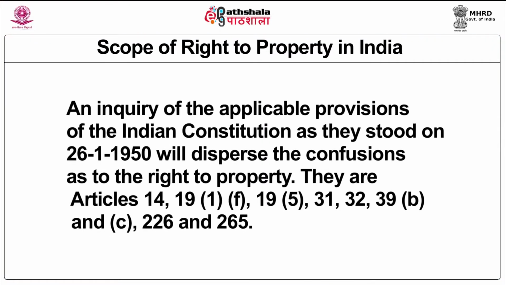An inquiry of the applicable provisions of the Indian Constitution as they stood on 26th of January 1950 will disperse this supposition. They are Articles 14, 19(1)(f), 19(5), 31, 32, 39(b) and (c), 226, 266 and 265.